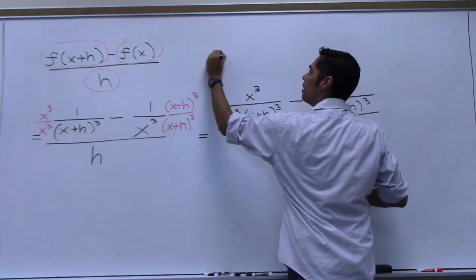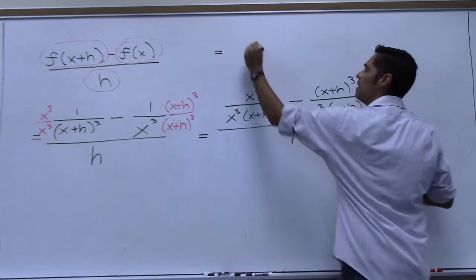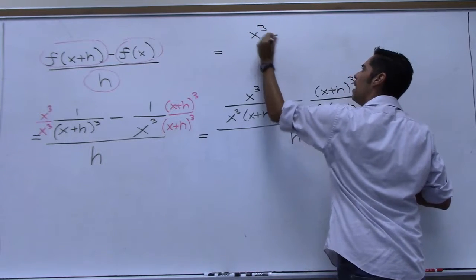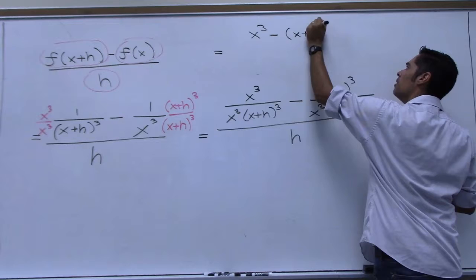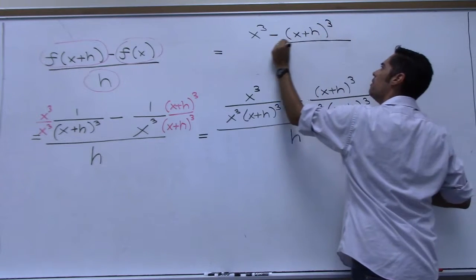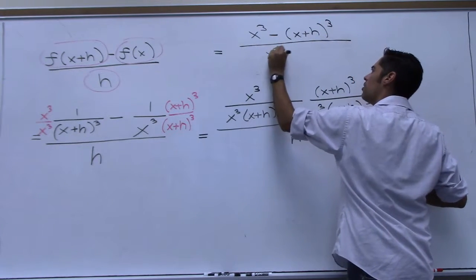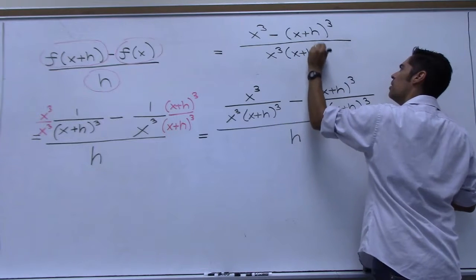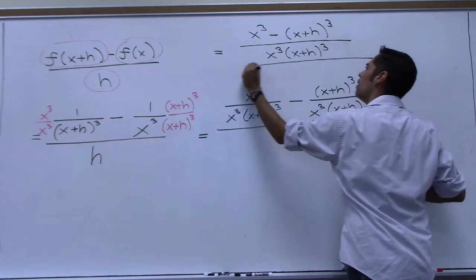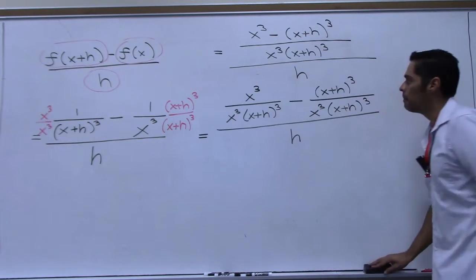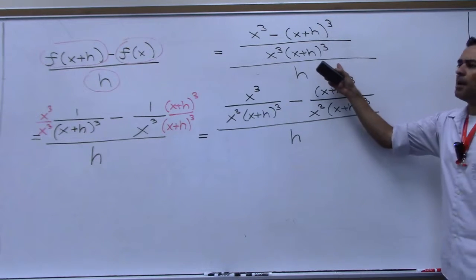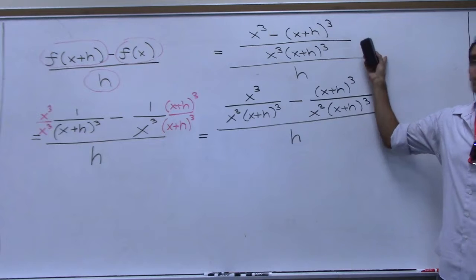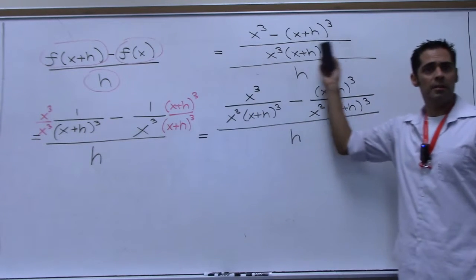The top is going to be x cubed minus this numerator, x plus h cubed, all over that common denominator, x cubed times x plus h cubed, all of this over the h. Notice my division bar is bigger on this one? Remember we talked about that? Okay.